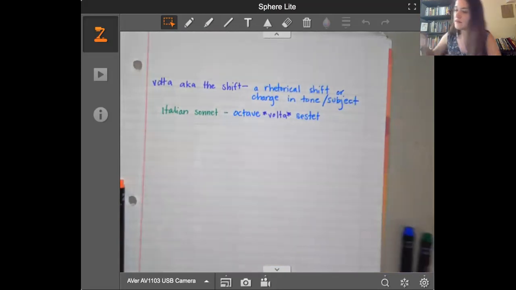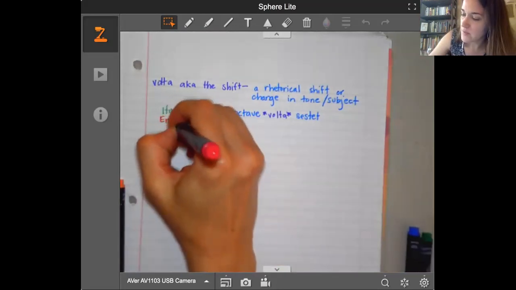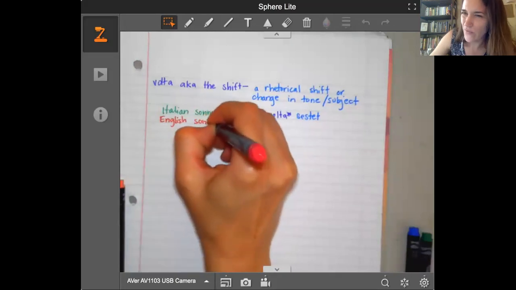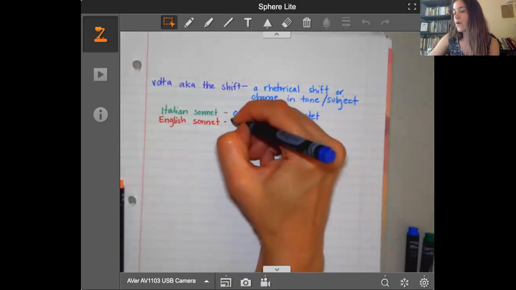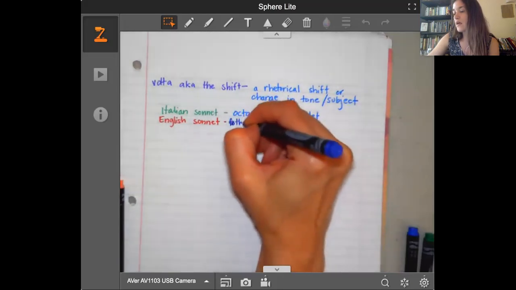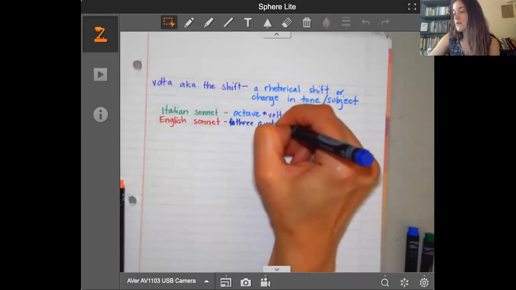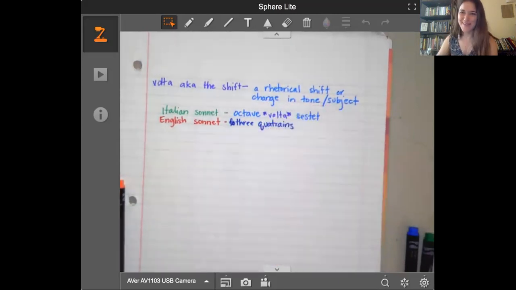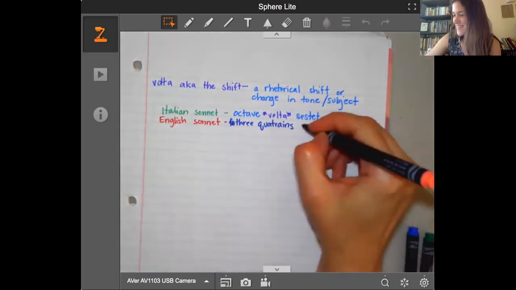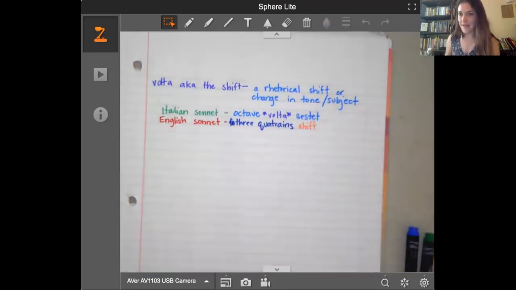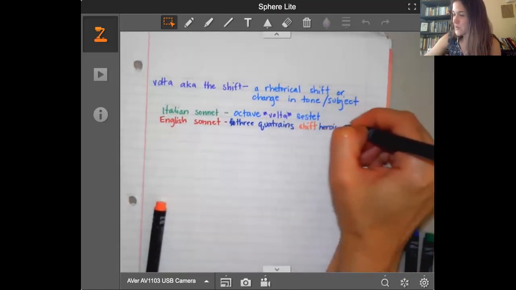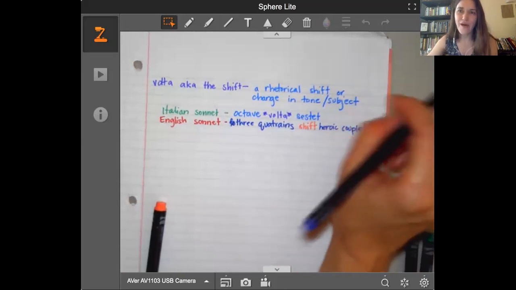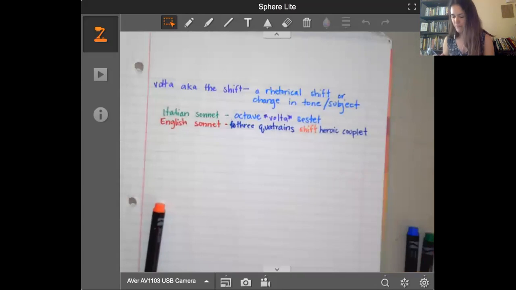With an English sonnet, usually, not all the time, because poets do not always follow the rules, we typically have our 3 quatrains. And I guess we'll call it a shift because we're in English. So then there's a shift. And then we usually end with our heroic couplet, which is usually a little bit of a summary of the main point of the poem.